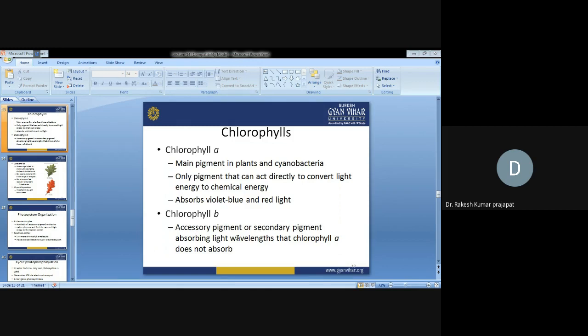Chlorophyll a is the main pigment in plants and cyanobacteria, and the only pigment that can act directly to convert light energy to chemical energy. It absorbs violet, blue, and red light. Chlorophyll b is an accessory or secondary pigment which absorbs the light wavelengths that chlorophyll a does not absorb.